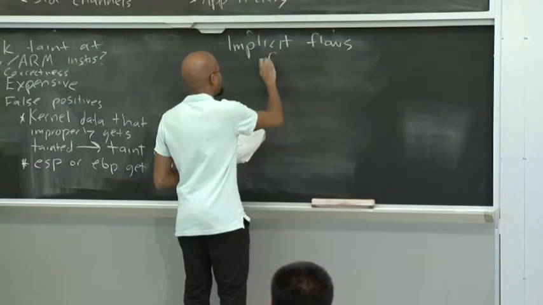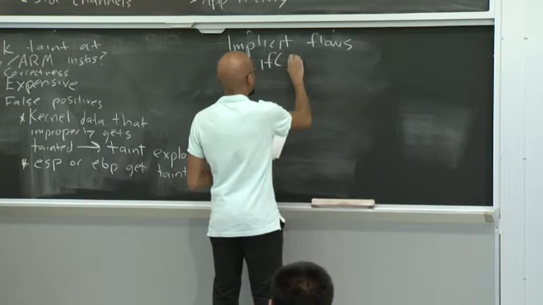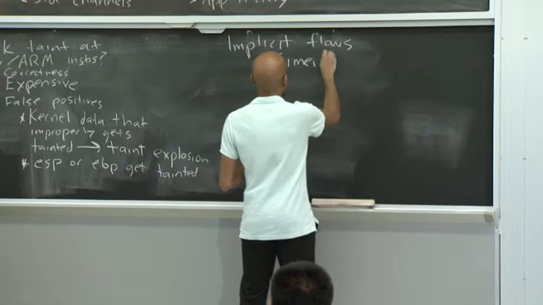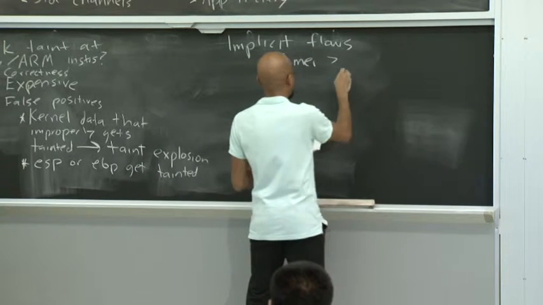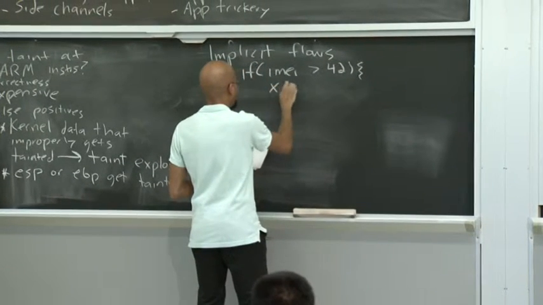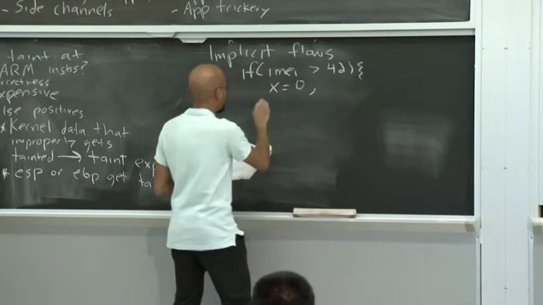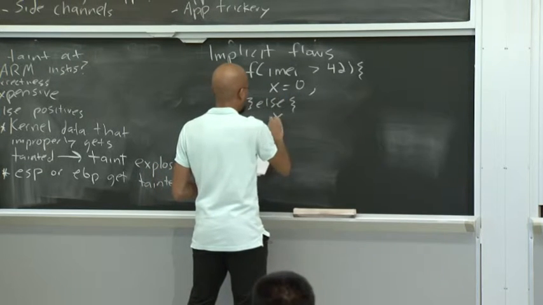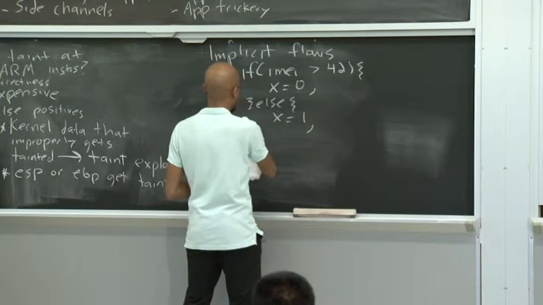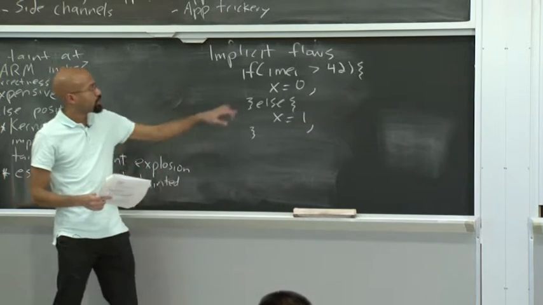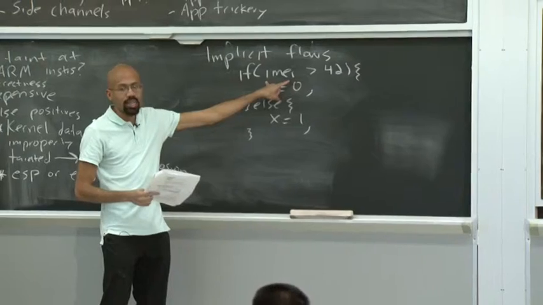So let's say that you had an if statement that looks at your IMEI, and it says if it's greater than 42, then maybe I'm going to assign 0 to x. Otherwise, I'm going to assign 1. What's interesting here is that we're looking at this sensitive data here, right?